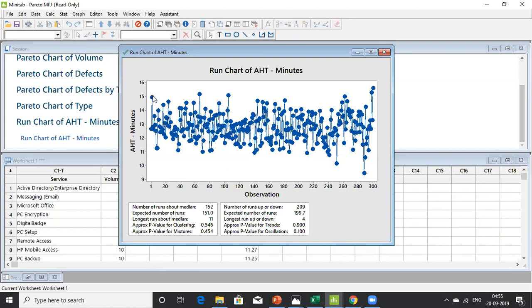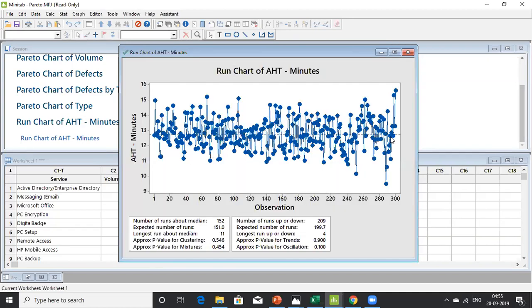And your data is spread above and below the central point in different distribution across different subgroupings that Minitab has already calculated. So it is distributed. Now there are 4 factors I look at.